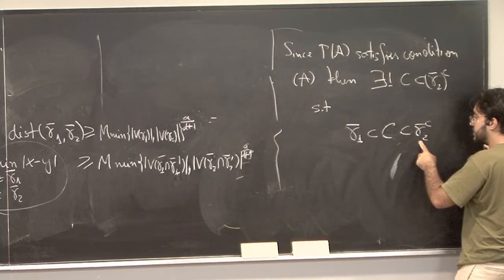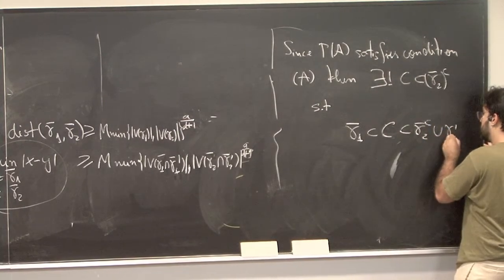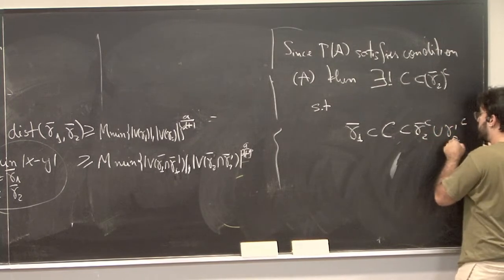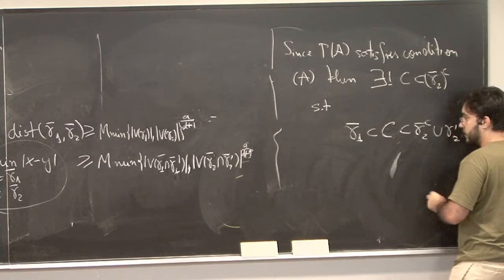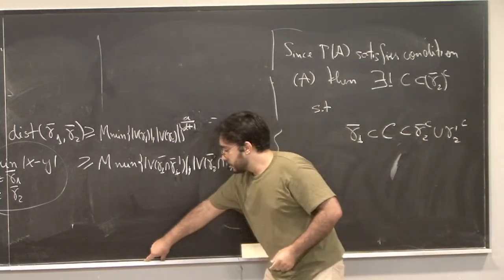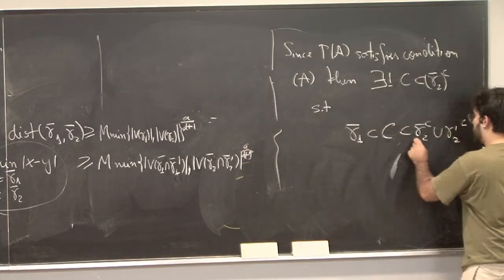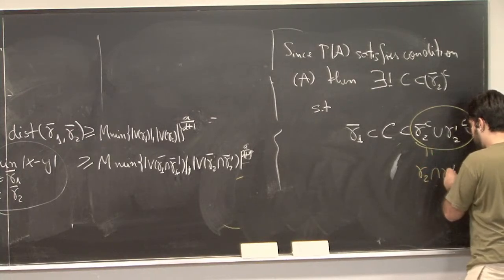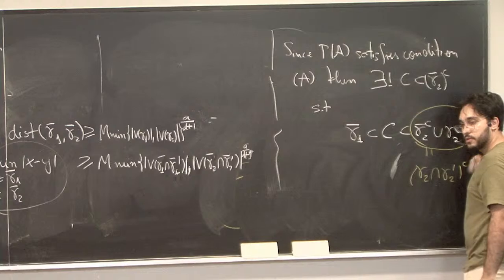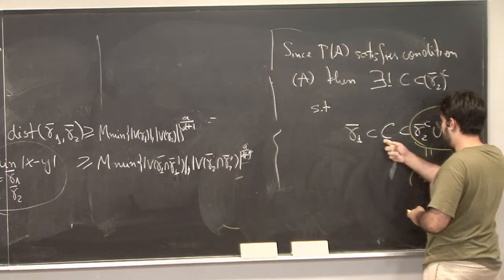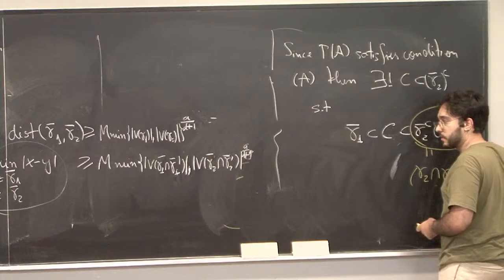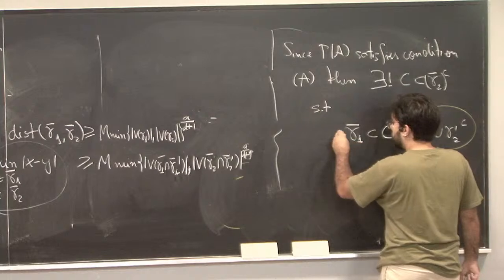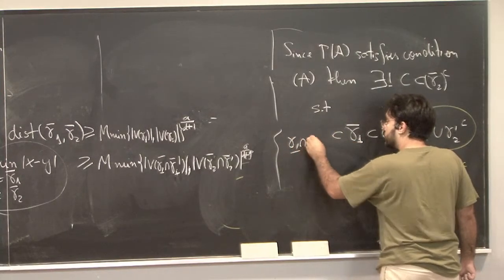But if it is inside this, it is inside the union of the complement of gamma 2 with the complement of gamma 2 prime. And what is this? This is just gamma 2 intersected with gamma 2 prime, complement. So this is the connected component inside the complement over here. Another thing is that this contains the intersection, of course.